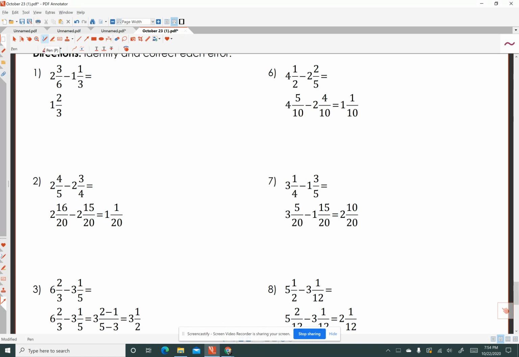When we look at the first problem, it looks like they subtracted the denominators to get this new denominator. So the problem is they subtracted the denominators. We're not supposed to do that.